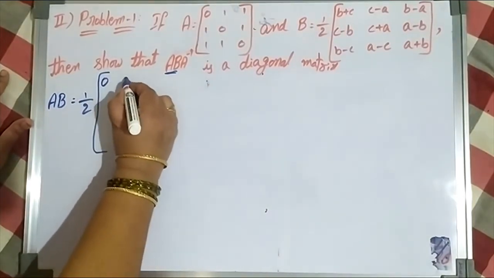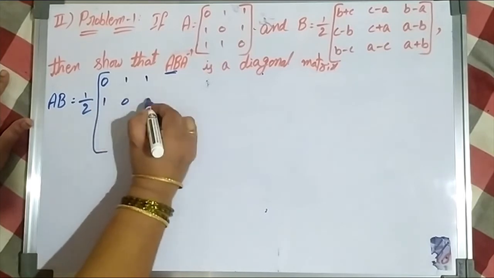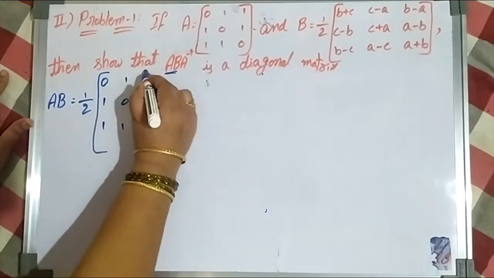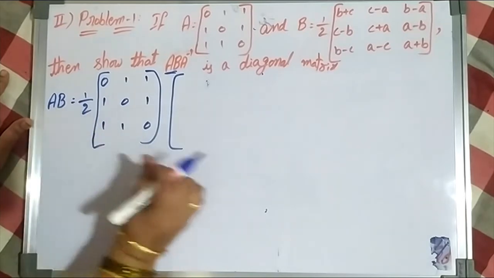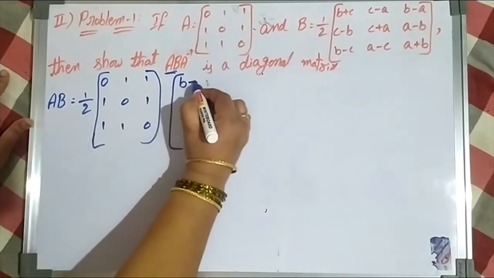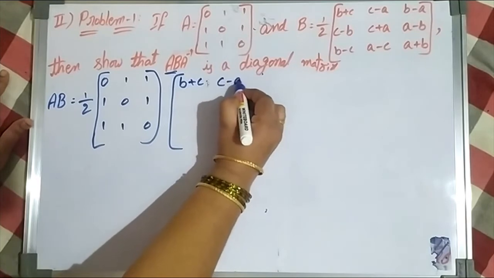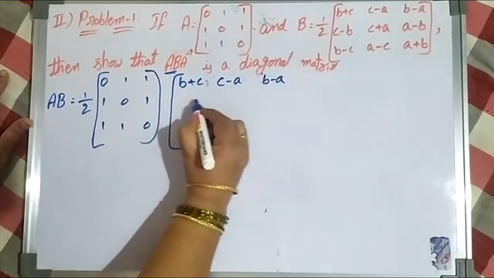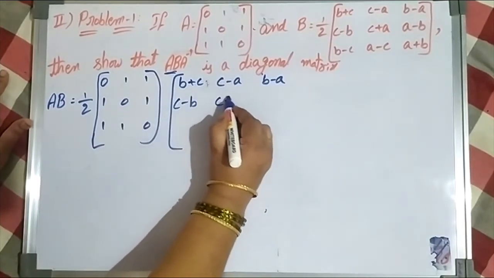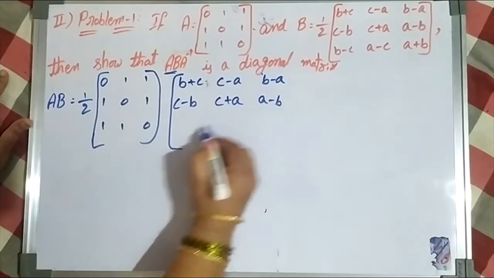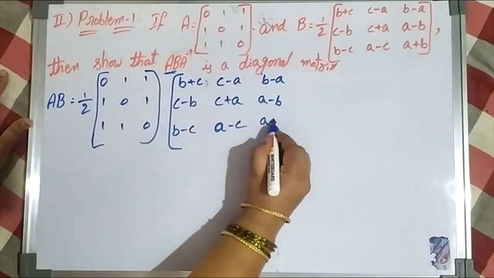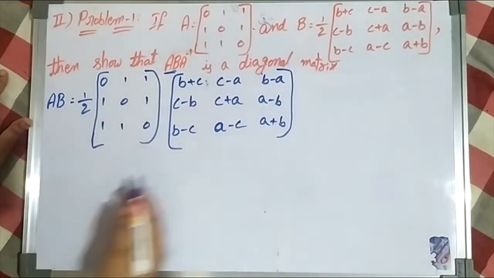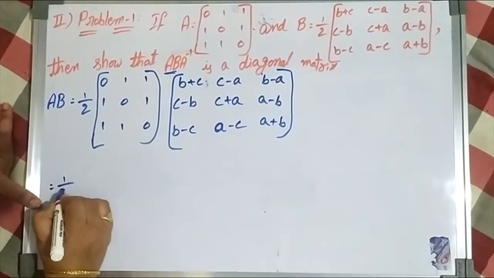First write down the matrix [0 1 1; 1 1 0] into half placed before the matrix [B+C, C−A, B−A; C−B, C+A−B; B−C, A−C, A+B]. This is the second matrix, that is equal to half into.